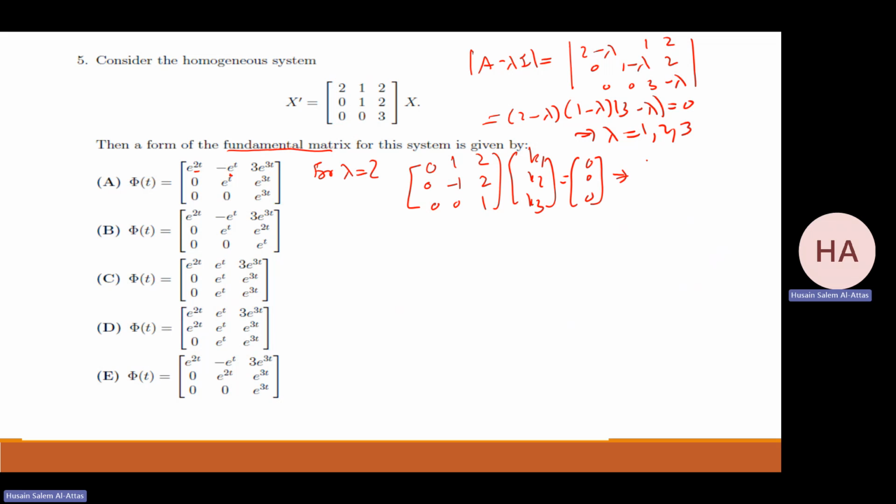So what are the equations? k2 plus 2k3 equals 0, minus k2 plus 2k3 equals 0, and k3 equals 0. So for sure, k2 equals 0, and k1 is free.